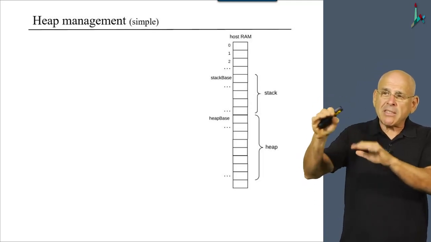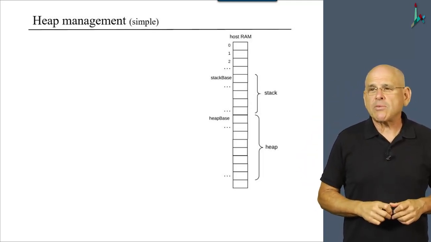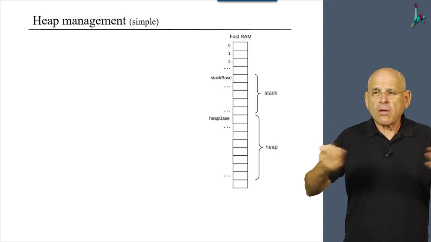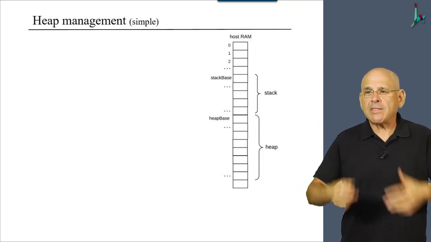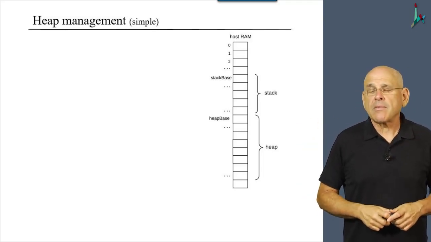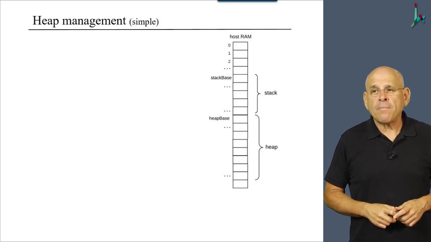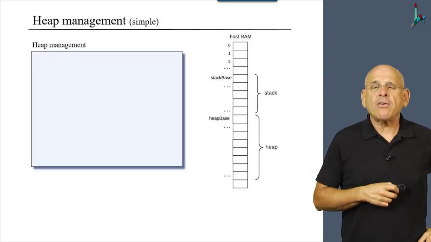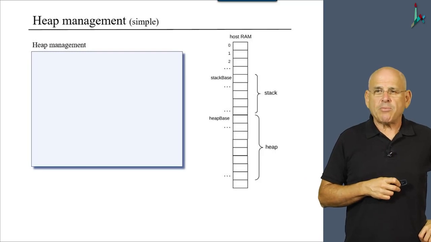And each one of these spaces is going to have a base address which, in our operating system, we may call stack base and heap base. All right, so given this scenario, how do we do heap management?